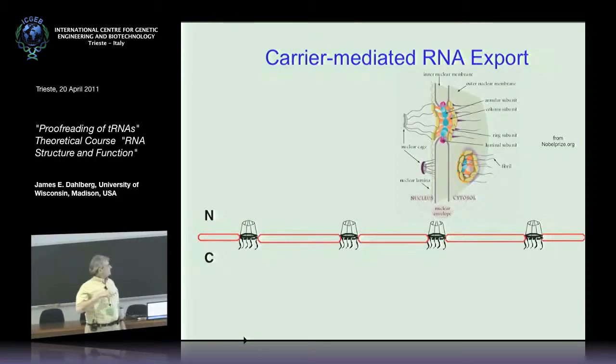And transport between the nucleus and cytoplasm goes through these nuclear pore complexes, and it's directional. Some molecules go into the nucleus, others go out of the nucleus. I'm not going to talk about nuclear import today for lack of time, but we'll just talk about the export from the nuclear side into the cytoplasmic side.